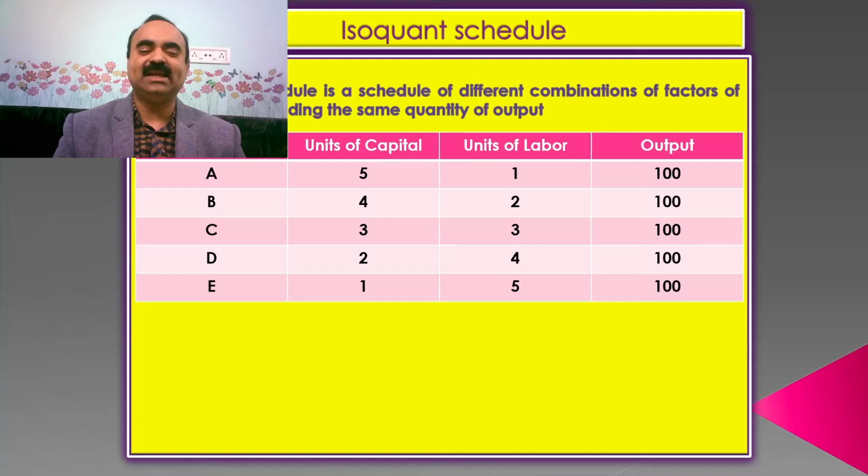Similarly, in combination D, units of capital 2, units of labor 4, and output remained at 100. In combination E, units of capital is 1, units of labor 5, and output is 100. We can observe that different combinations of factors of production yield the same quantity of output of 100.